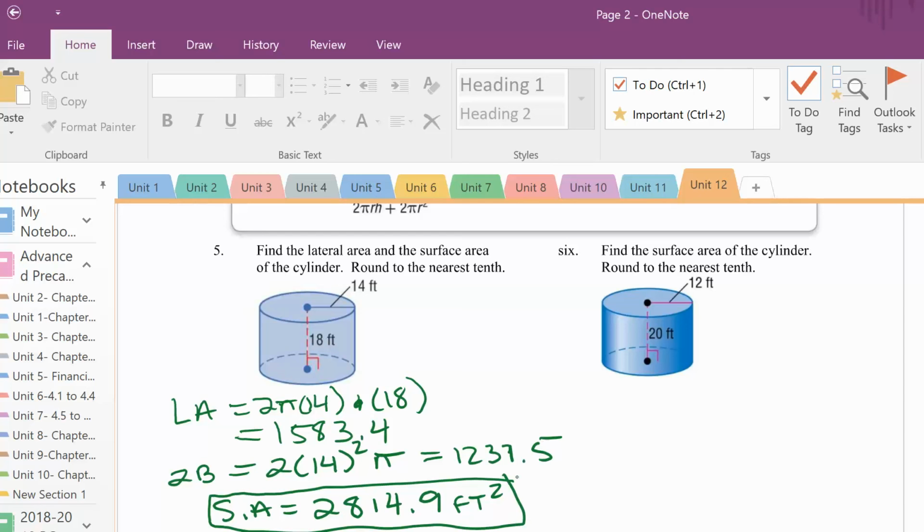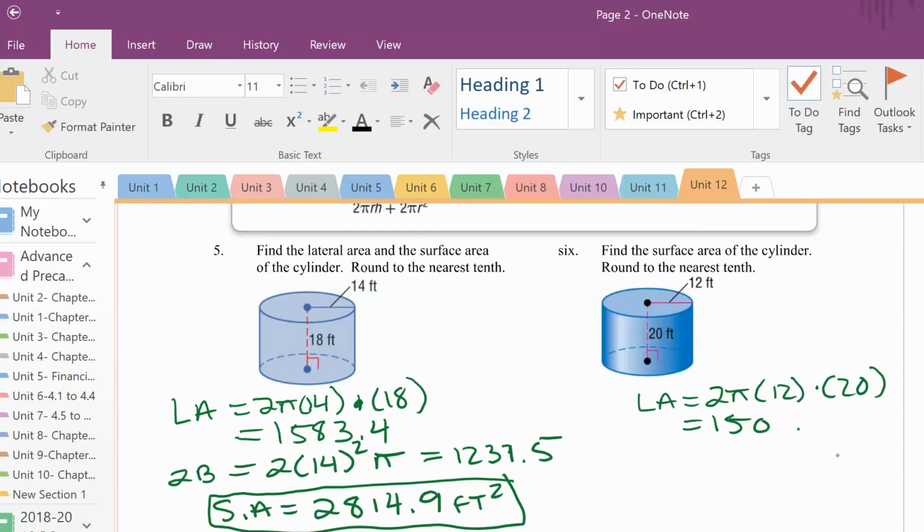All right, for the next one, number 6, the lateral area, remember it's the perimeter of the base, so 2 pi r times the height, which is 20. When you multiply 2 pi times 12 times 20, you get 1,507.96, so basically 1,508. The area of the two bases is 2 times 12 squared times pi.